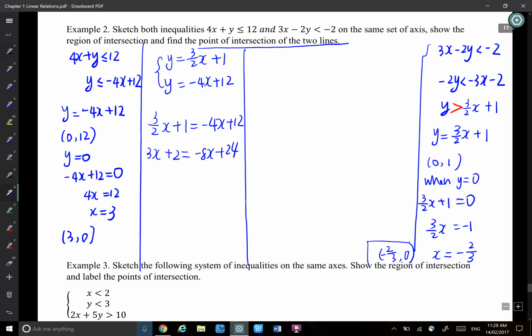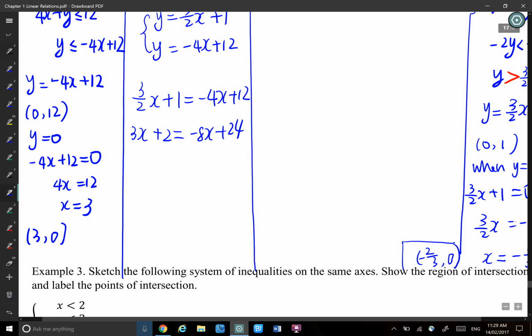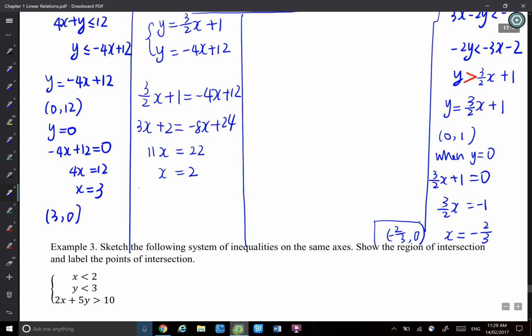You know, I hate denominators, so I will get rid of that first. And move the 8x to that side, it is 11x equals to 24 minus 2 is 22, and x equals to 2. If x equals to 2, y will equal to minus 4 times 2 plus 12, y will be 4. So the coordinates of intersection will be 2, 4.